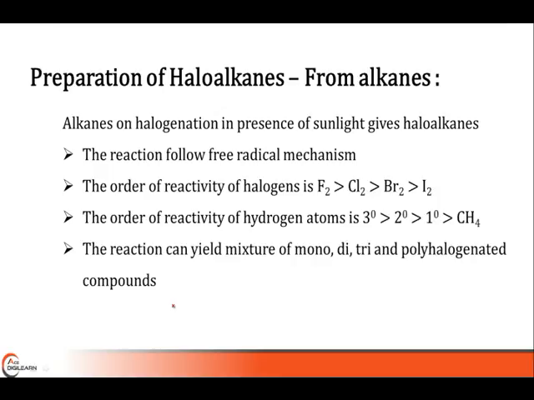The reaction can yield a mixture of mono, di, tri and polyhalogenated compounds, so it is not a suitable method to prepare monohaloalkanes because we end up with a mixture of products. The general equation is RH plus Cl2 in the presence of h nu gives RCl plus HCl.